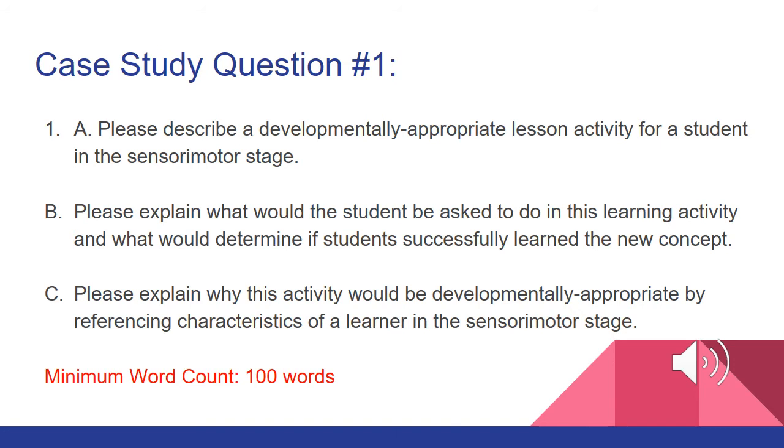Then I would want you to explain why this learning activity, what this learning activity would detail, and how you would determine if students successfully learned the concept. Finally, I want you to explain why the activity would be developmentally appropriate. And I want you to specifically reference some of the content that we just discussed in the previous slides to explain why this activity would be developmentally appropriate for someone in the sensorimotor stage.